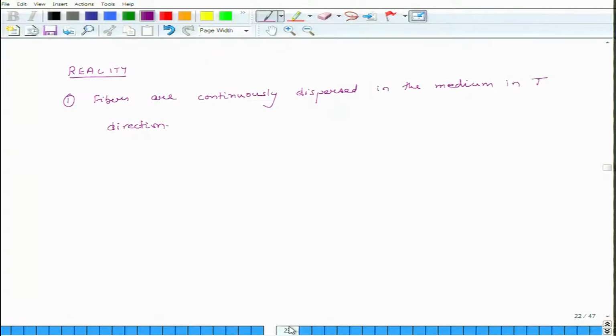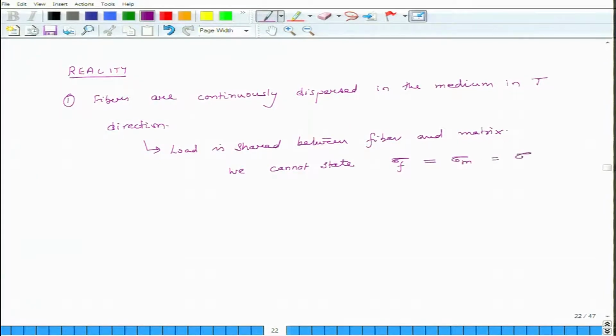So, fibers are continuous. So, what this means is load is shared between fiber and matrix. So, we cannot state that sigma f is equal to sigma m is equal to sigma c.